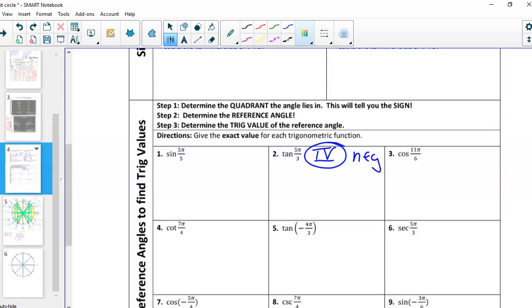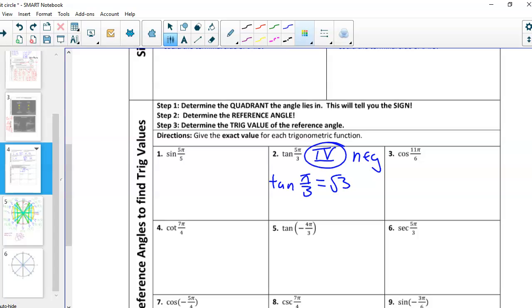Now, we could relate this to something in the first quadrant. Tangent of pi over 3 is what? You may need to look back at your table. Simplified, it was just root 3.